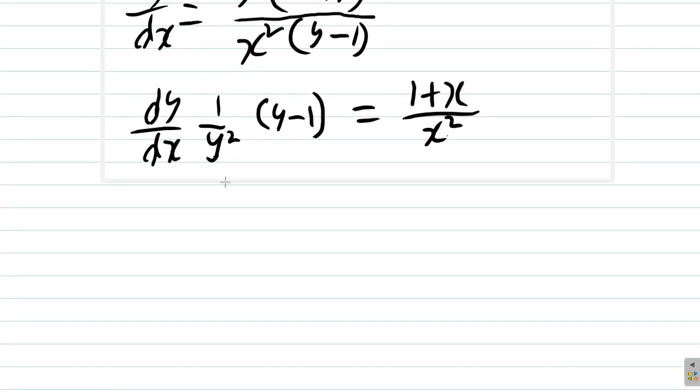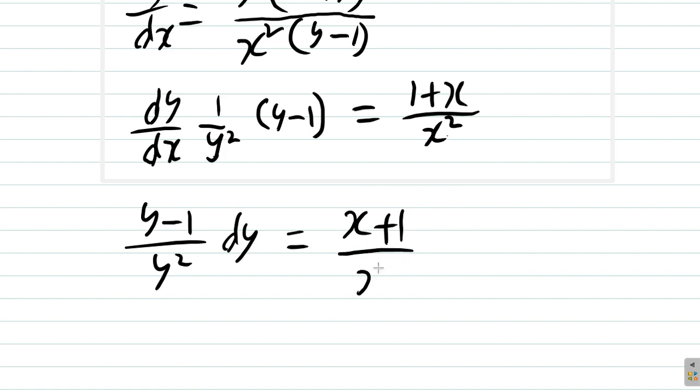All right, and what we're going to do now is rewrite it and multiply across by dx as well. So we have (y minus 1) over y squared dy equals (x plus 1) over x squared dx.